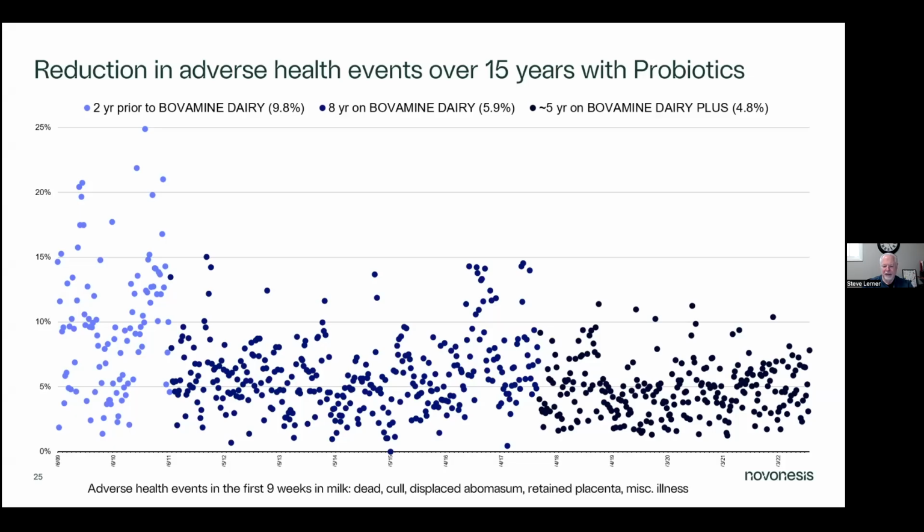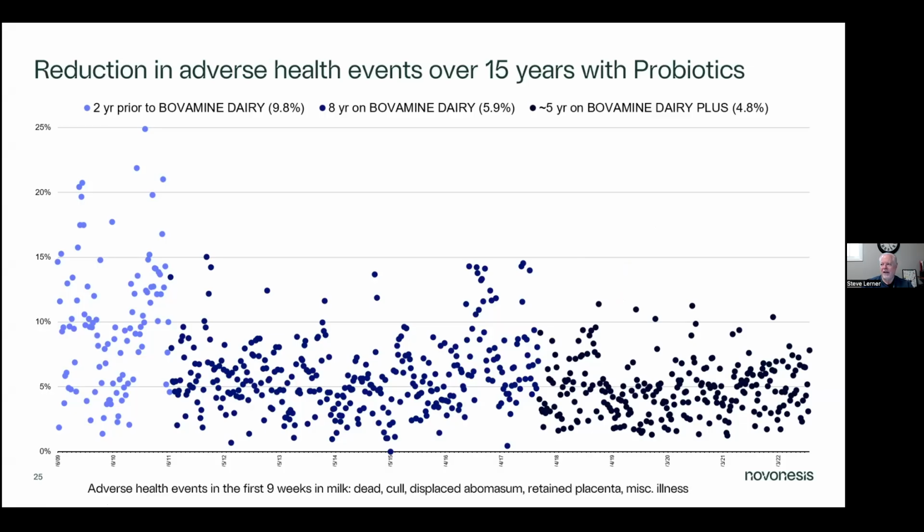I have their permission to use these data. It's a 15-year study looking at the efficacy of probiotics. On this dairy, the major pain point was health problems in those cows during the first 9 weeks postpartum.